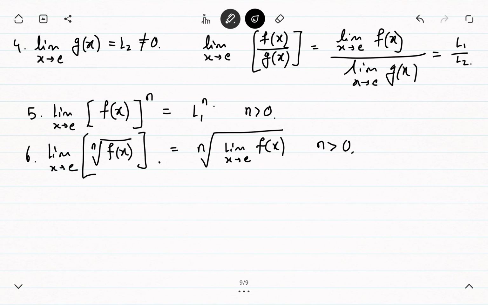So these are the main fundamental things for understanding limits. In the next session, we'll define a very important thing, the squeeze theorem or the sandwich theorem, and the laws of infinite limits and limits at infinity.